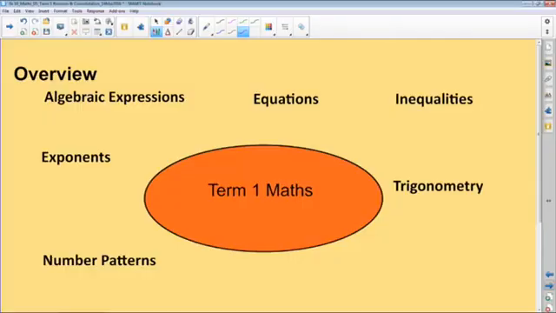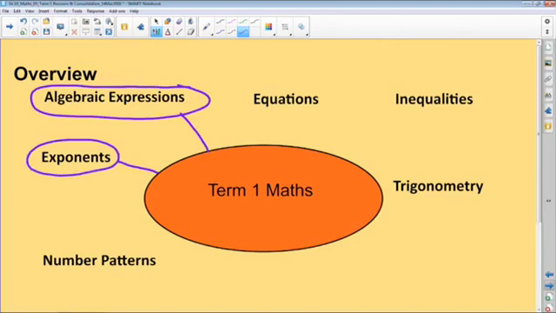Now, you started off the term with algebraic expressions, and then you moved on to exponents. Very, very closely connected, the two of them. Then you did some number patterns, and we looked at all sorts of different number patterns and how to work with them.